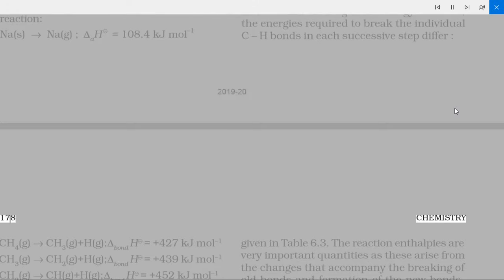CH4(g) → CH3(g) + H(g), bond enthalpy is +427 kJ/mol. CH3(g) → CH2(g) + H(g), +439 kJ/mol. CH2(g) → CH(g) + H(g), +452 kJ/mol.